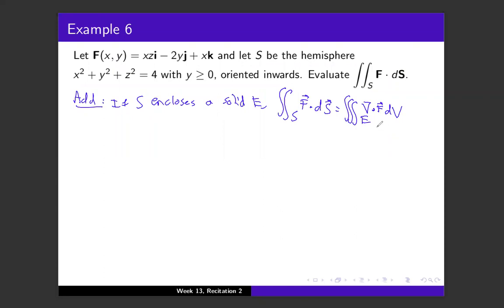S is the hemisphere, right? It's this part of a bowl, or I guess a sideways bowl in this case. So it's not enclosing anything. So that's not an option for us.